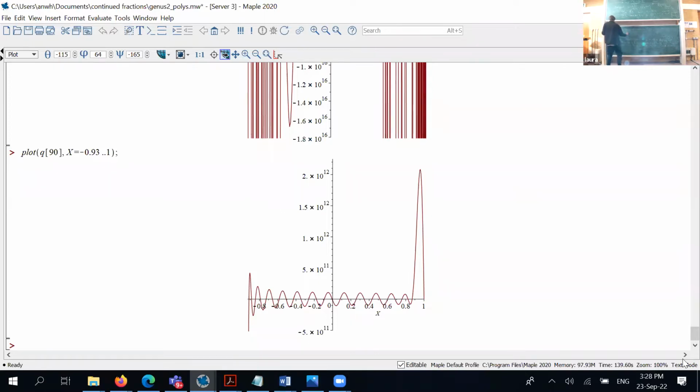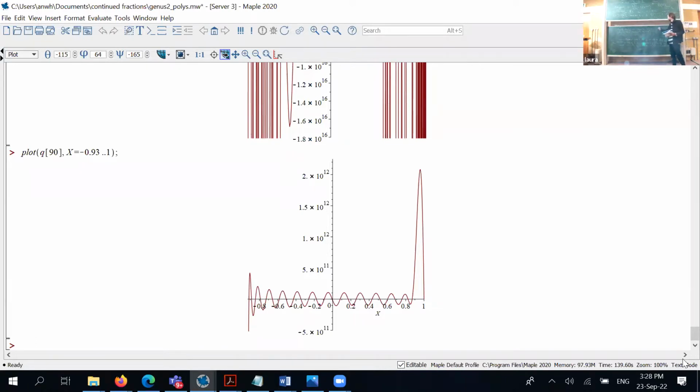So the point is that with these 2x2 Lax matrices, they define very nice Poisson varieties, and what happened in this case is that I worked out this system in genus 2. So this is two coupled second order difference equations, so overall it's dimension 4.